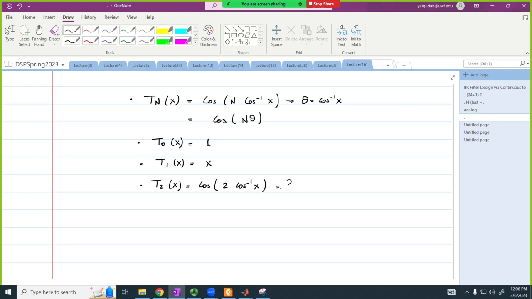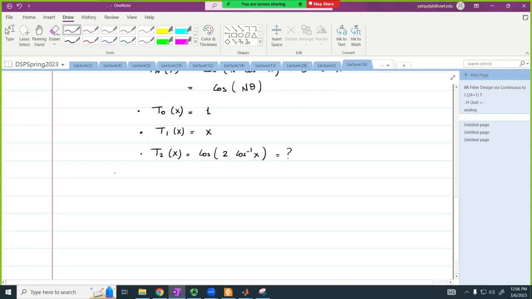So we're going to do a little trick. What we're going to do is we're going to say, okay, we're going to use recursion to calculate higher order polynomials.